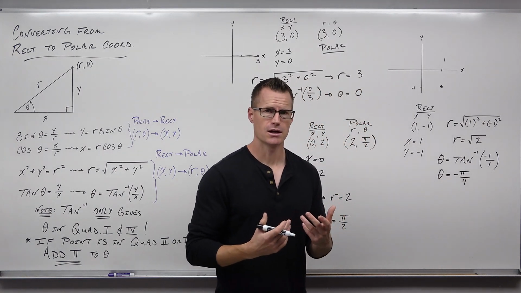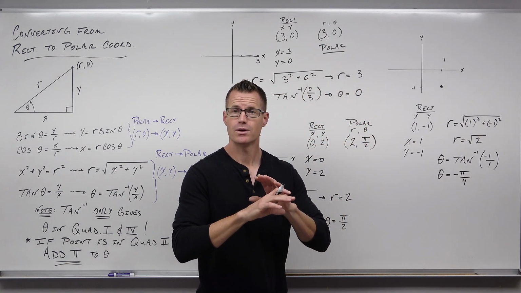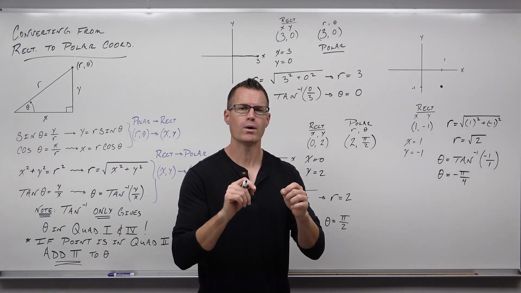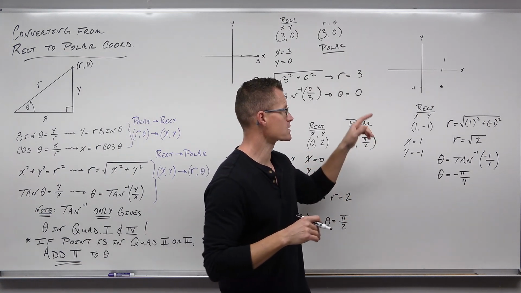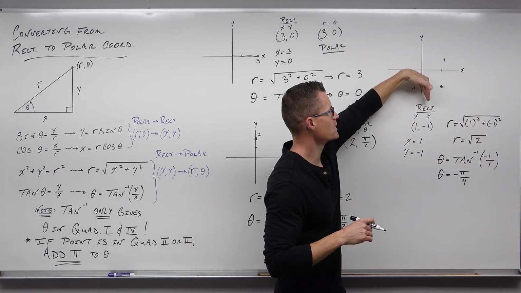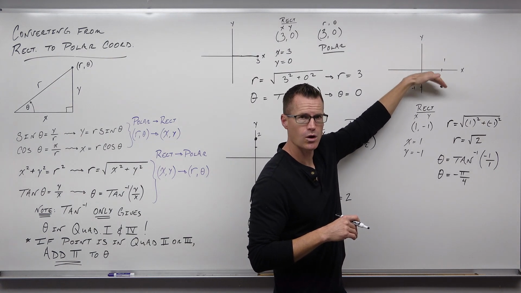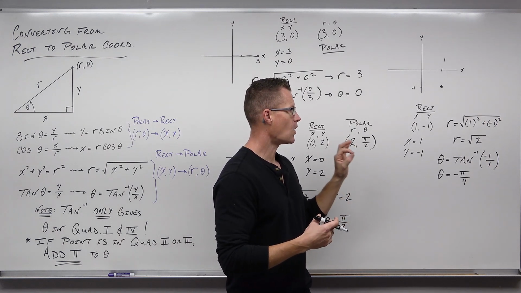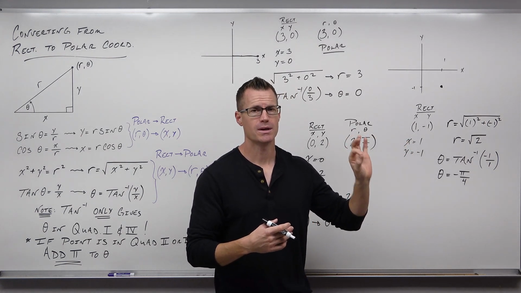So our theta is -pi/4. Now, you're done. Tangent inverse works great for points in quadrants 4 and 1. Since our point is in 4 and 1, tangent inverse gives us out angles in those two quadrants. That's perfect. We could easily write this as r comma theta, or square root 2 comma -pi/4.